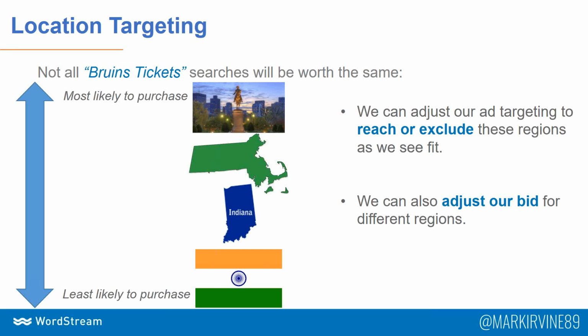Maybe I do, but I can also adjust my bids so I can bid less for that type of traffic, where I would still want to pay the most for Boston Bruins tickets in Boston, a bit less for a search in Indiana, maybe a little bit more for a search in Western Massachusetts. And we can think of those strategic decisions at the campaign level when it comes to location targeting.